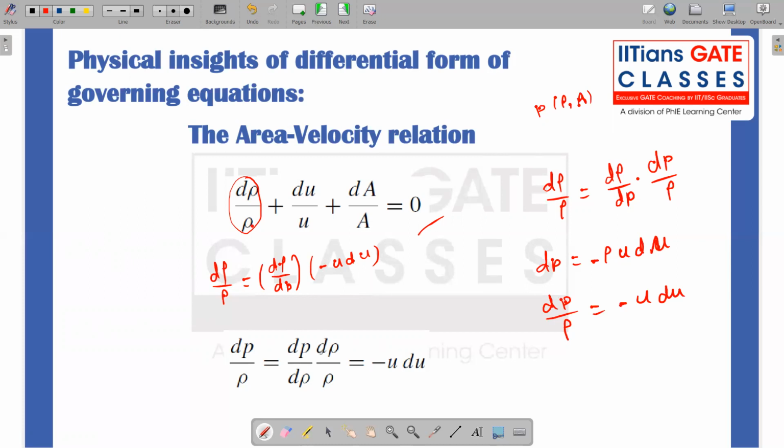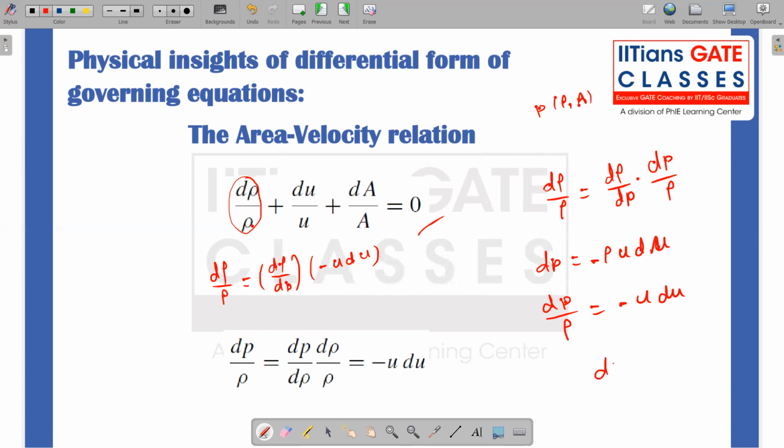Till now we just imposed the adiabatic assumption. Now I am imposing that it is also reversible. That means I am assuming there is no shock or those kinds of things within the flow field. So adiabatic plus reversible means I am taking the isentropic assumption for this kind of flow field.